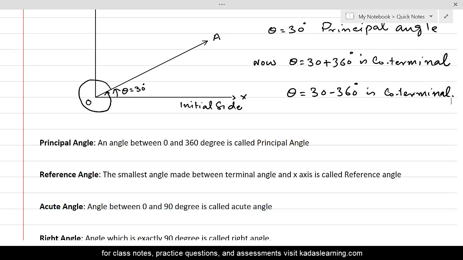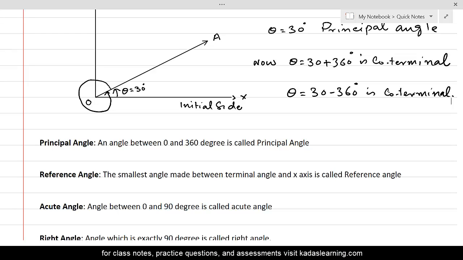Reference angle. A reference angle is an angle closest to the x-axis without taking into consideration the positive or negative sign. Whatever the closest arm of the x-axis is, just the amount of angle with the closest x-axis, whether it's the positive x-axis or the negative x-axis, the closest angle made by the terminal arm with any side of the x-axis is called the reference angle.